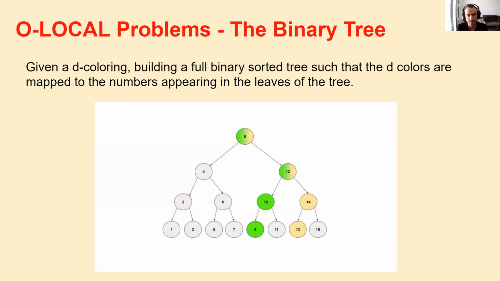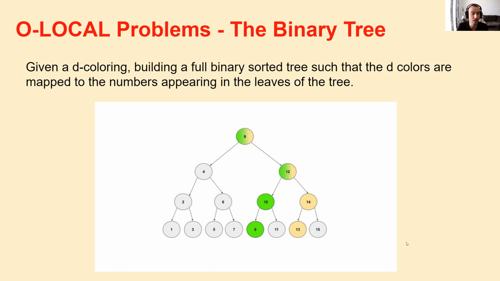And so given a coloring, we are building a full binary sorted tree such that the colors are mapped to the numbers appearing in the leaves of the tree. So if we look at the tree, we can say that 1 is mapped to the first color, 3 is mapped to the second color, 5 is mapped to the third color, and so on and so forth. And above that, we have the binary tree itself.